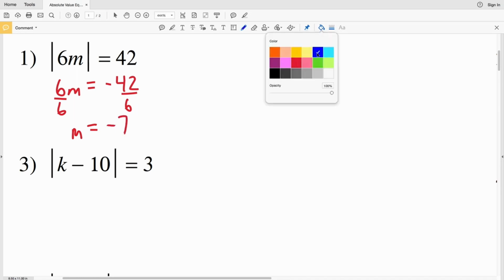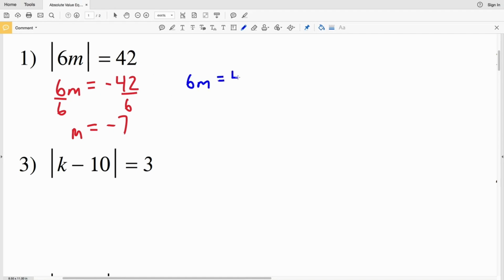Now let's solve for if 6m is the positive 42. If 6m is equal to positive 42, we divide by 6 and get that m is equal to a positive 7. So m equals a negative 7 or m is a positive 7.